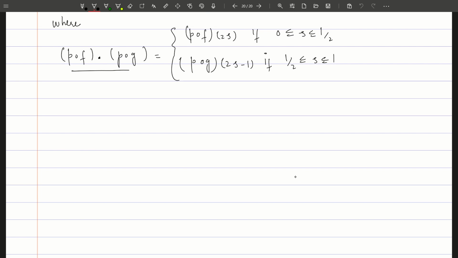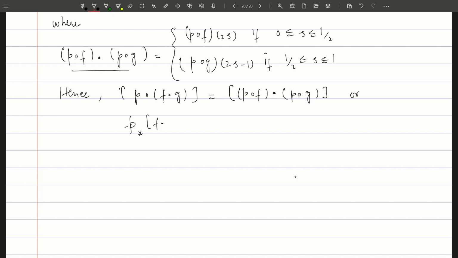So hence the homotopy class of p composite with f dot g is same as the homotopy class of p composite with f product with p composite g, and this is by definition p star of f dot g.